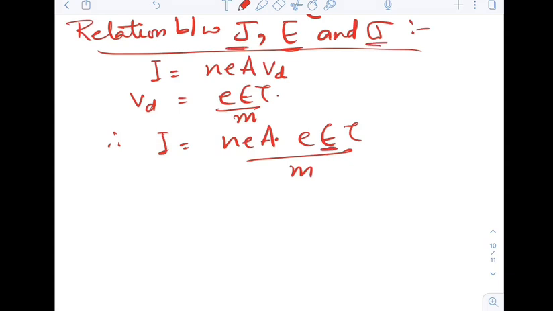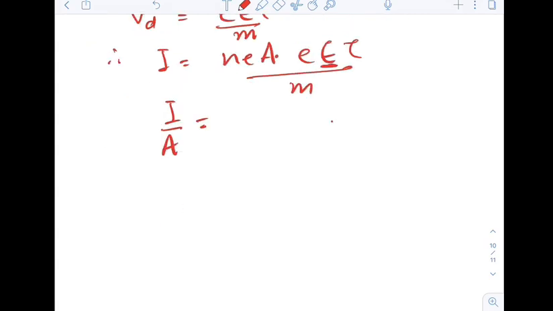For J, I can put this A down and I by A will become J. So I get I by A becomes equal to N e square tau E by m.